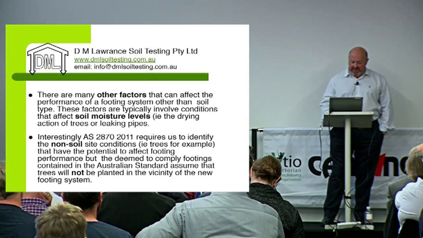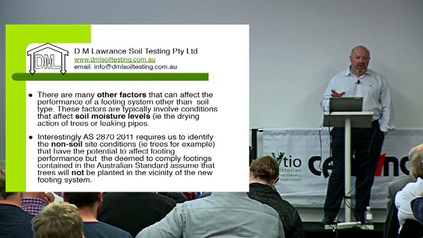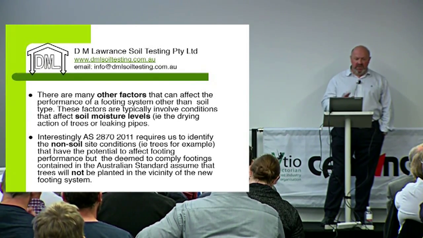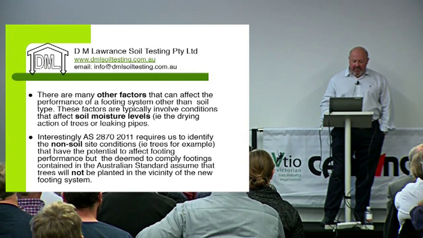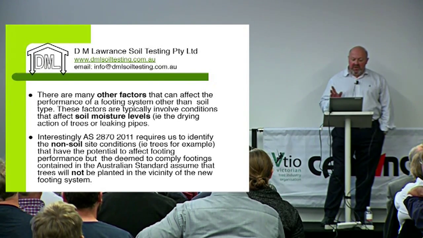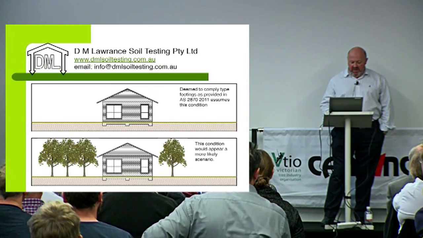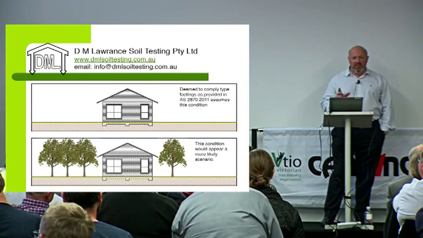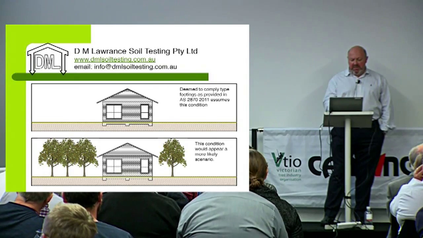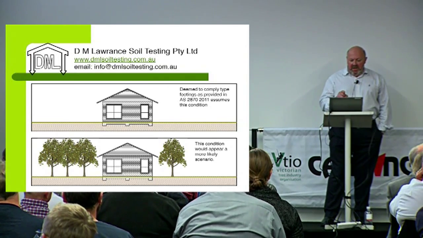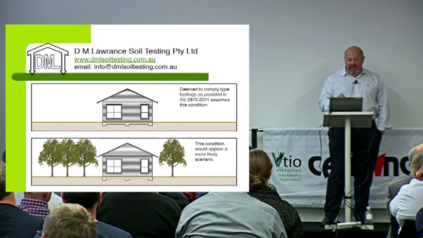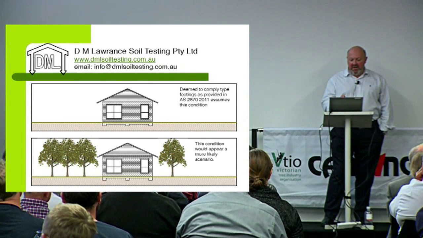But this is a ridiculous thing. The deemed-to-comply footings, which are adopted in this standard, which is Australia-wide, assume that those abnormal factors don't occur. So if you're going to adopt a deemed-to-comply footing system, which every builder quotes on, the brand new Australian standard assumes that the top condition will apply.